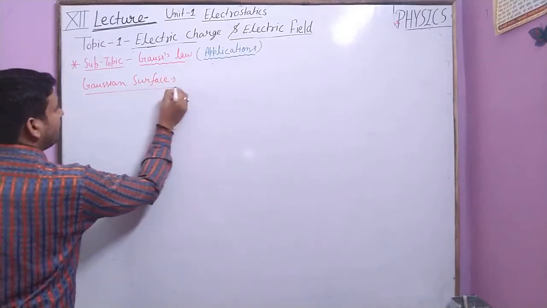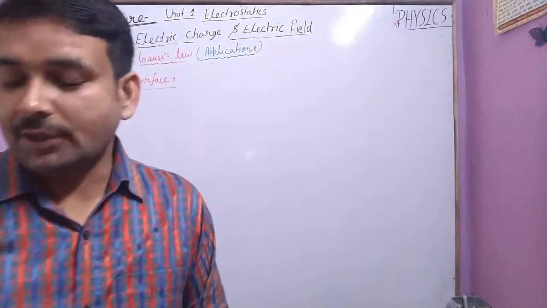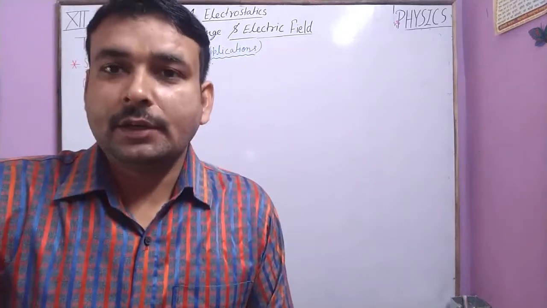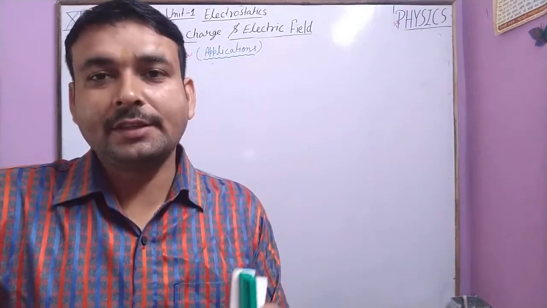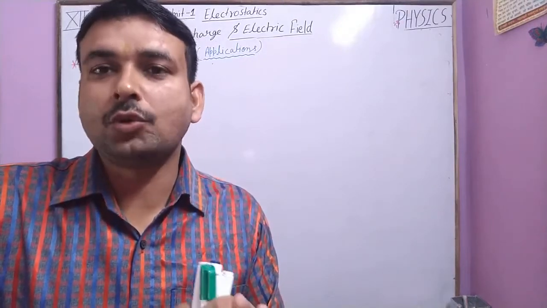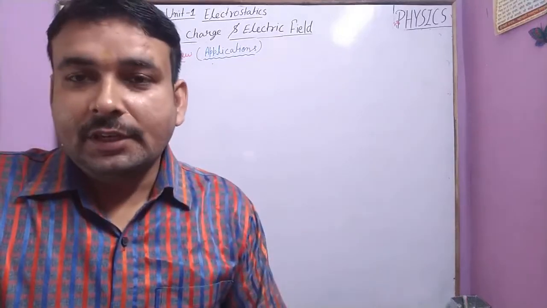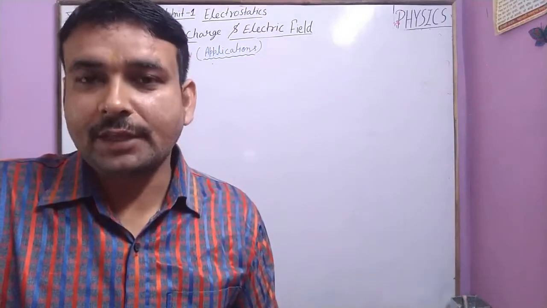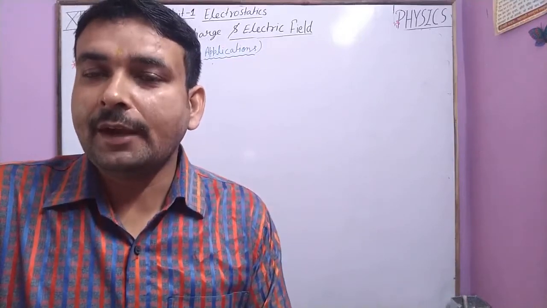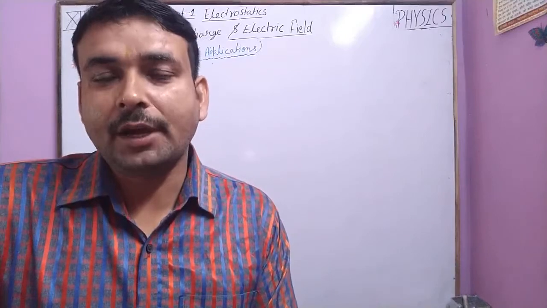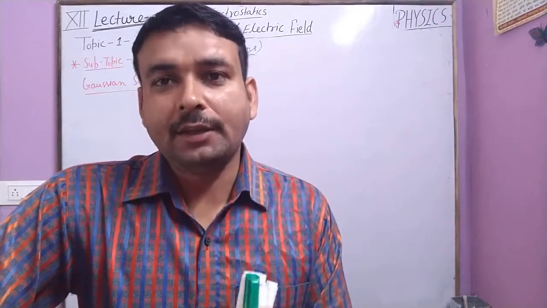The speciality of the Gaussian surface is that the electric field lines of force linked through it are equal at every point, and we can also specify the angle between the electric field and the area vector.